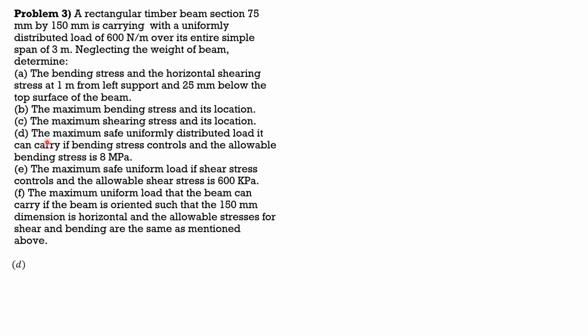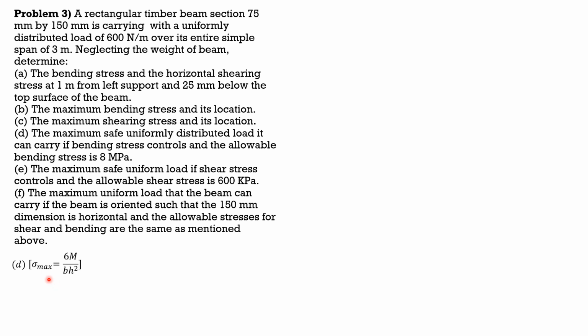So for letter D, the maximum safe uniformly distributed load it can carry if the bending stress controls and the allowable bending stress is 8 megapascals. So let's use the formula. Maximum bending stress equals 6M over BH square for rectangular section.